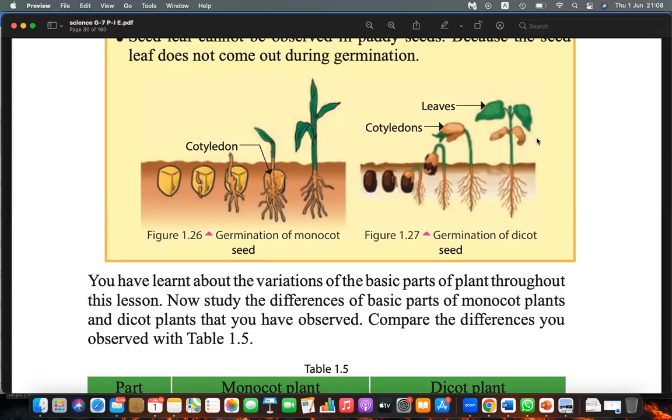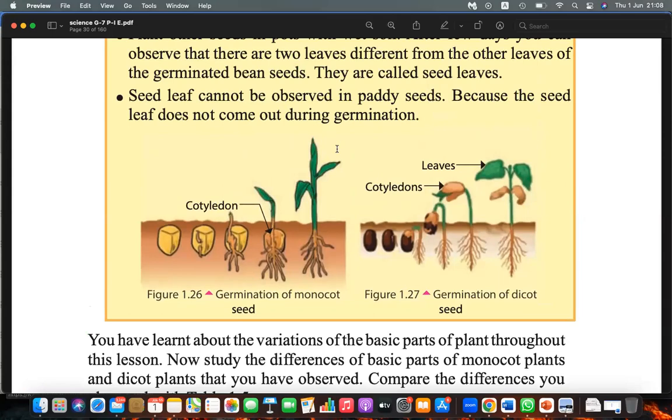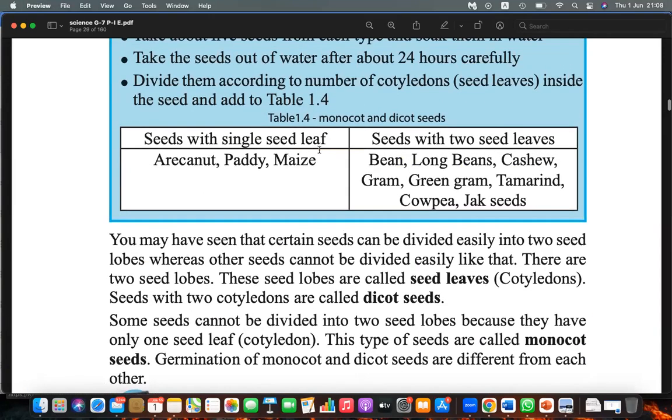If you see the leaf, mostly it's reticulate venation, right? Reticulate venation, but here it will be parallel venation. This we can identify clearly. So if there is a single seed leaf, like paddy, areca nut, coconut, that is monocot.